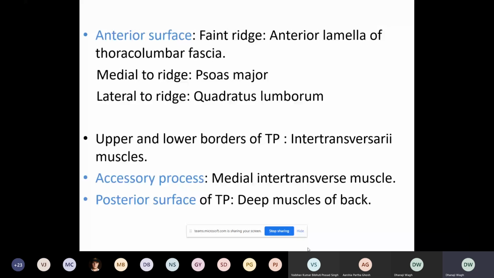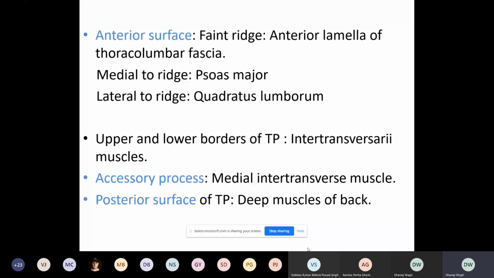Then earlier we have seen at the root of the transverse process there is an elevated portion, the accessory process. Here the medial intertransverse muscle is attached. On the posterior surface of this transverse process, the deep muscles of the back are attached.